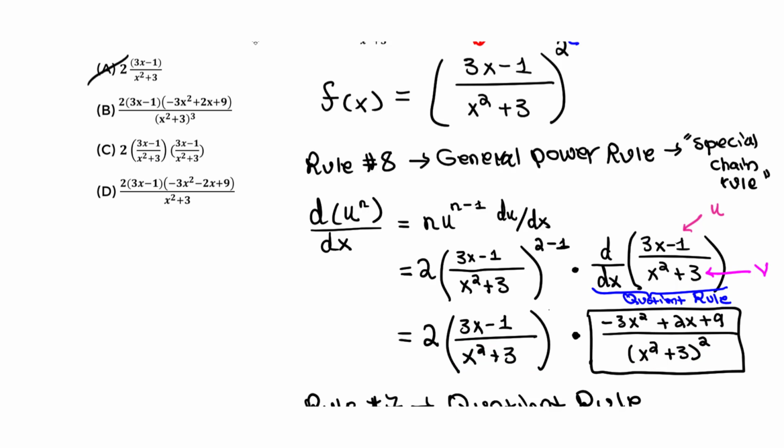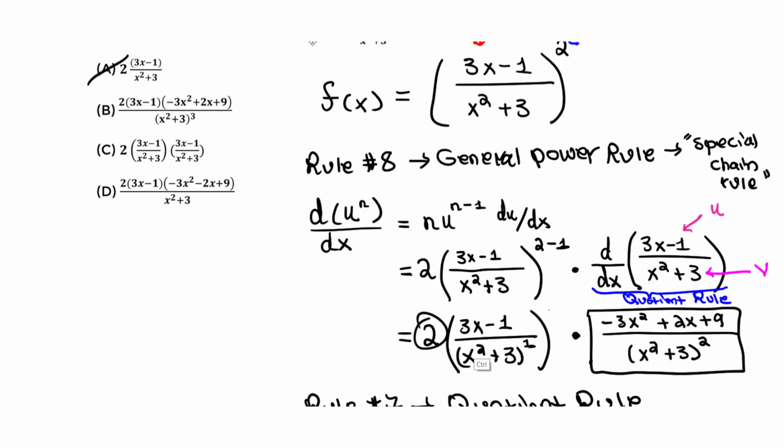And this x squared plus 3, we can think of it as having a 1 power. So when you take this times this, you should get x squared plus 3 to the 3rd power. Because you're taking this times this, you just add the power. 1 plus 2, it's going to give you a 3rd power. And this just stays the same, right?